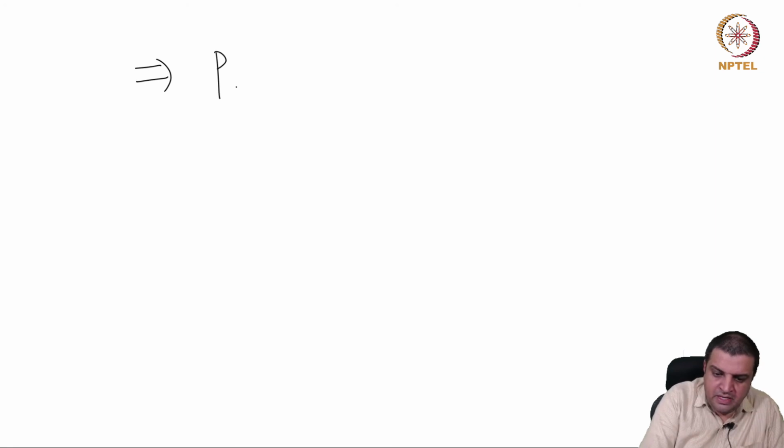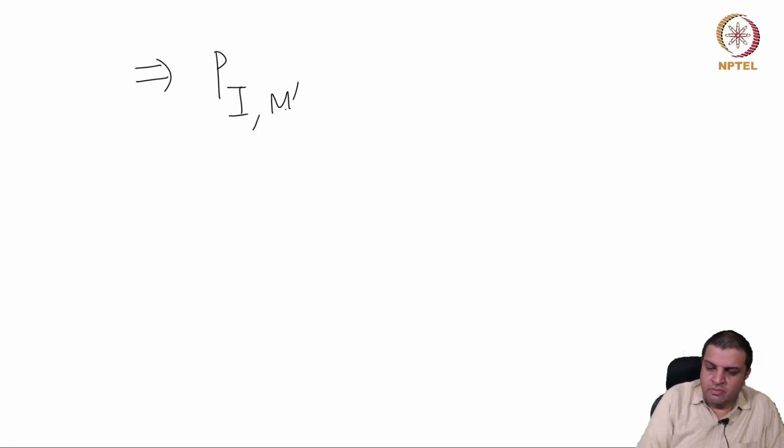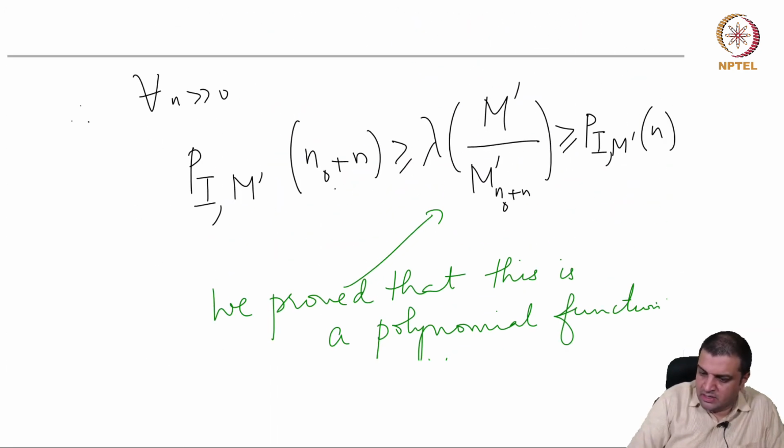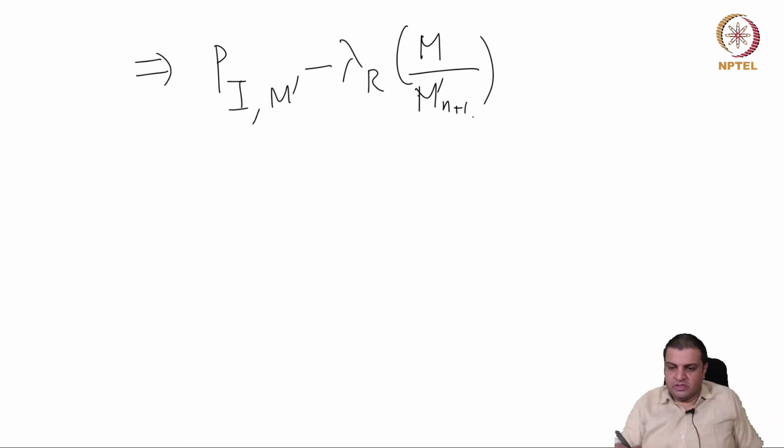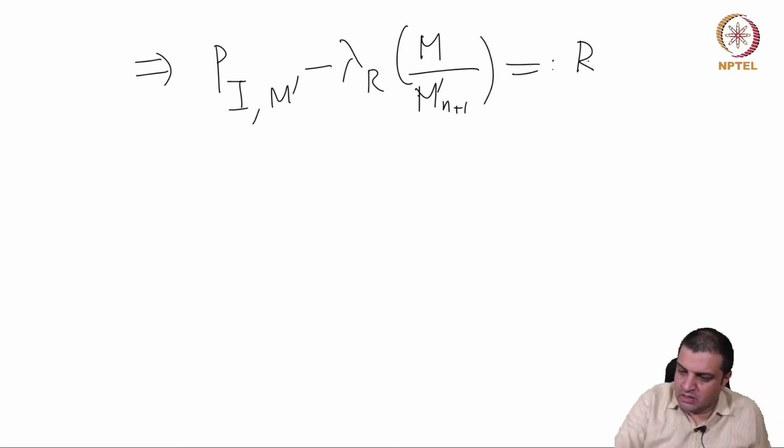So now this implies that pi m prime minus, so define this. This is the r that we had, the difference of these two polynomials is the r that we have. We define this to be the polynomial r.